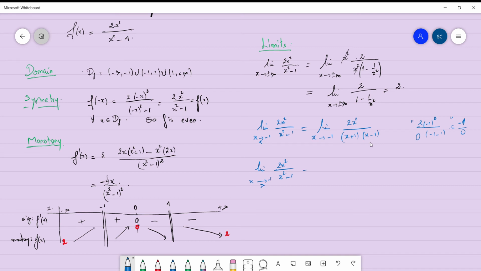The only thing that changes is the sign, but it changes everything. From the left, x is less than -1, so x plus 1 will be less than 0, so it will be 0 minus. A positive number over 0 minus gives minus infinity.